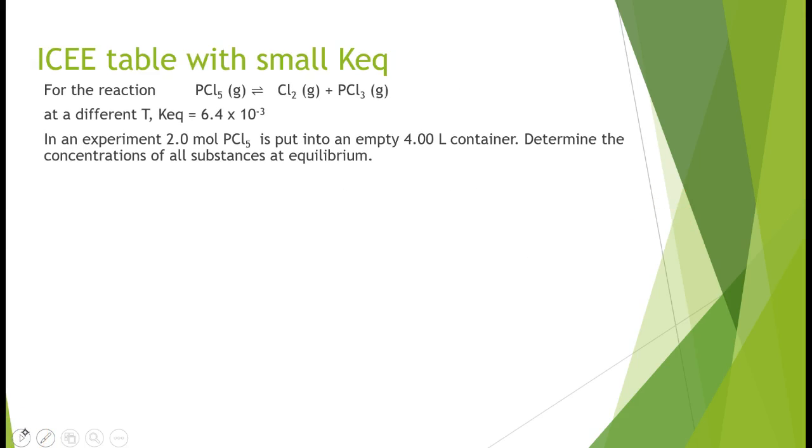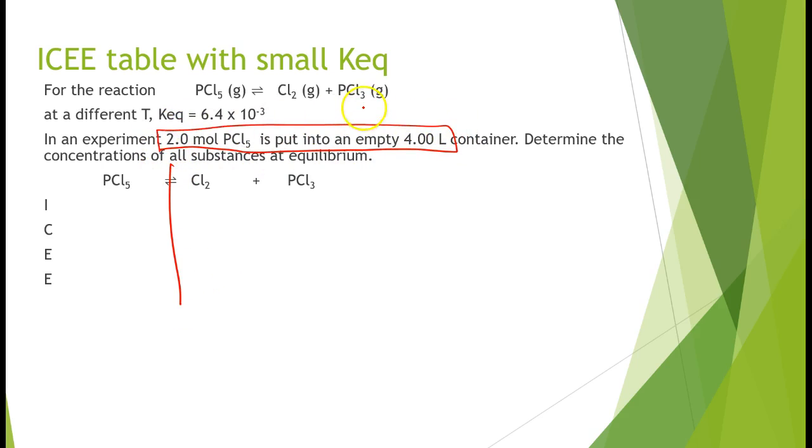So for this reaction, you have KEQ, a pretty small number, okay? And in an experiment, they put in the PCl5. Okay, we'll put in our ICE table here. Draw the line. This is the initial. It says empty, and again, you want molarities. So 2 divided by 4 is 0.5 molarity. This is 0, and this is 0.